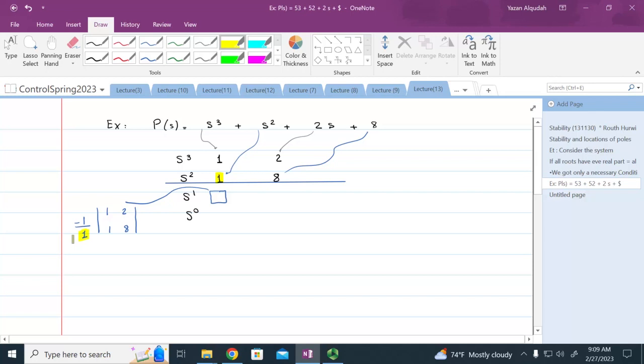What is this determinant going to equal? 1 times 8 minus 2 times 1, which is 6, and then we have a negative 1, so it's going to equal negative 6. Again, this is negative 1 multiplied by 1 times 8 minus 2 times 1. There are no more columns to calculate more elements, so we're done with this row. We can come to the next row.